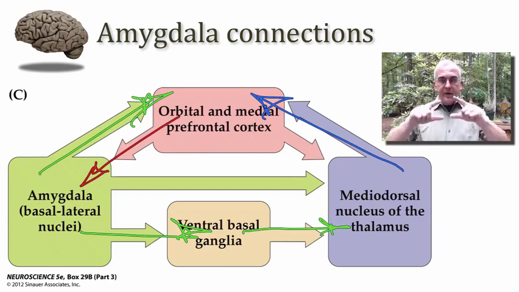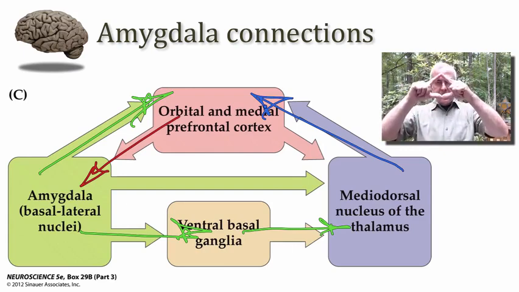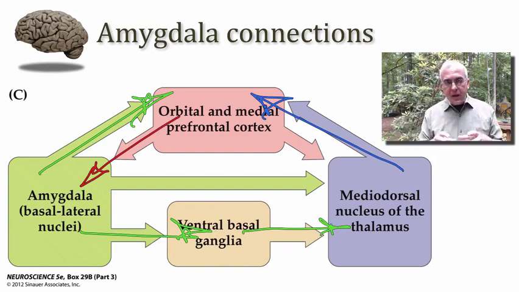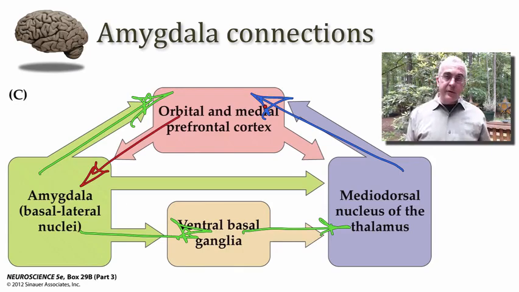So there's something of a triangular relationship here between the amygdala, the mediodorsal thalamus, and the orbital and medial prefrontal cortex. These structures can interact in various ways that we suspect are quite important for triggering emotional experience and expression. And let's not forget about the role of the basal ganglia in all of this. The basal ganglia is likely involved in producing a shift in the experience of emotion, and this might be consistent with the processing of a reward signal or a signal that predicts the experience of reward.